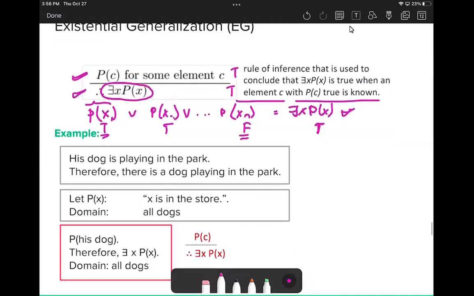Okay, suppose we have this example. His dog is playing in the park, and therefore there is a dog playing in the park. So this is supposed to be, sorry for this mistake, P of x is x is playing in the park, and the domain of x is all dogs.